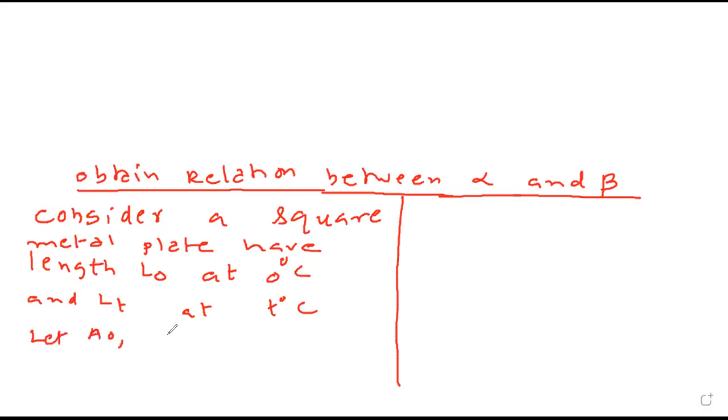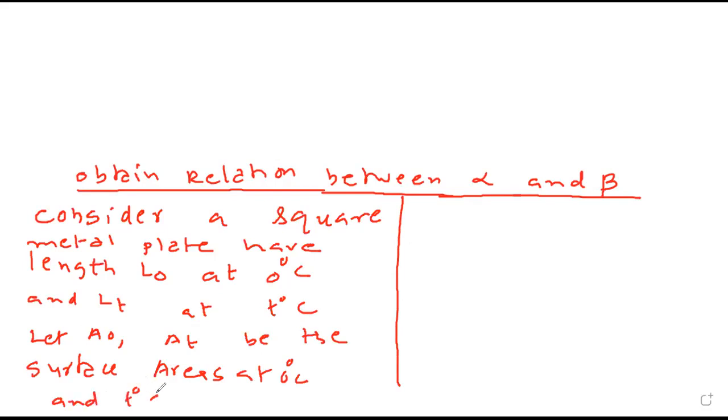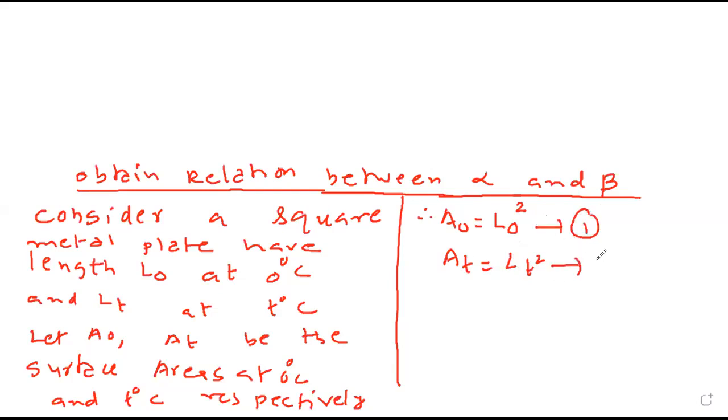Let A0, AT be the surface areas at 0 degrees Celsius and T degrees Celsius respectively. Therefore, A0 equals L0 square because area of square is side square, and AT equals LT square.